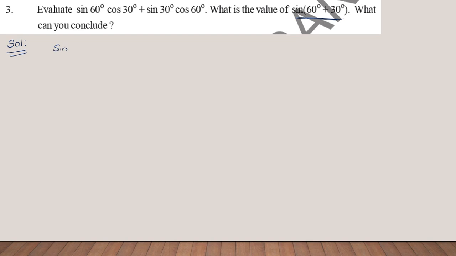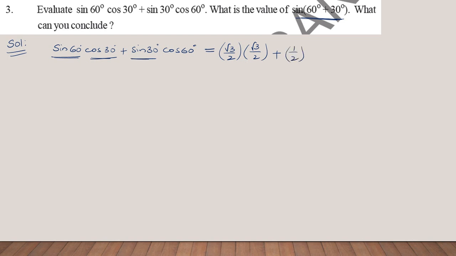Now first of all, sin 60 degrees into cos 30 degrees plus sin 30 degrees into cos 60 degrees. So this is the value he has given. So what is the value of sin 60? Sin 60 is root 3 by 2 into cos 30, which is also root 3 by 2, plus sin 30 value is 1 by 2 into cos 60 value, which is also 1 by 2.